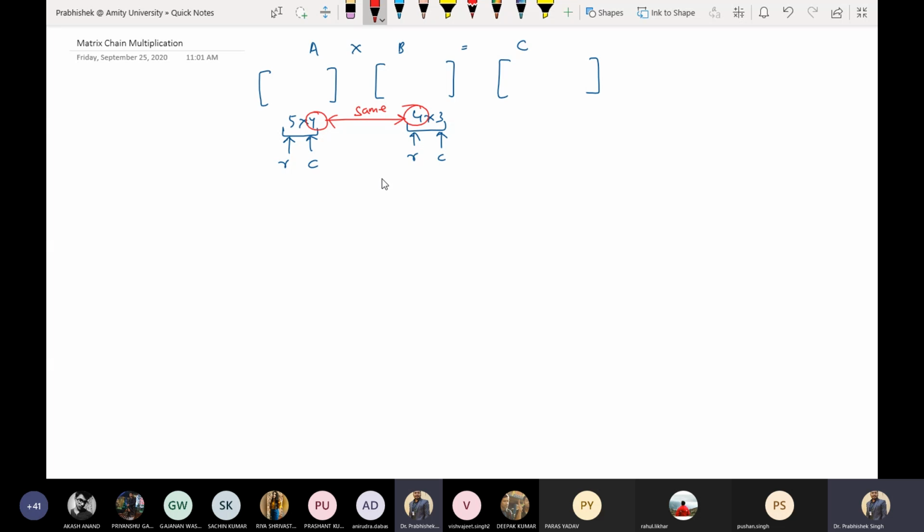If this condition is true, then we can multiply the matrices.